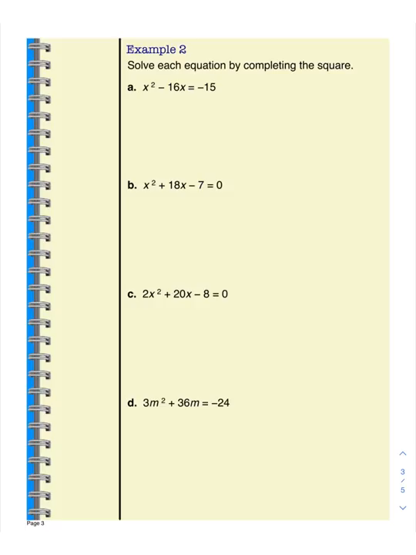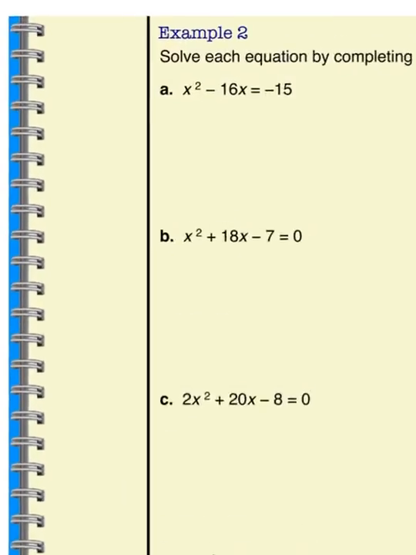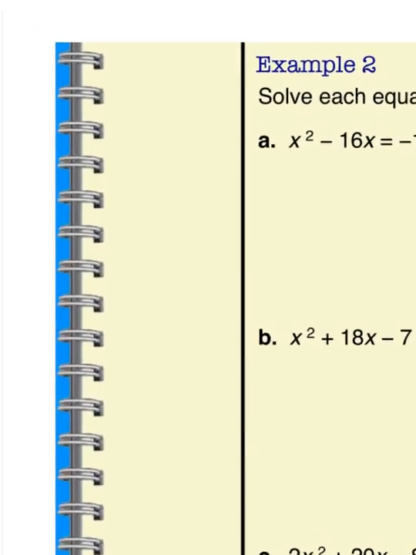And now we're going to take what we just learned in example 1 and apply it to solving equations for example 2. So first step is going to be completing the square. I'm going to complete the square on the side here, just so I have room to write on the other side. So x squared minus 16x. B is negative 16, so I want half of negative 16, which is negative 8.